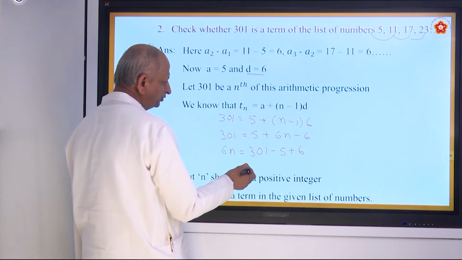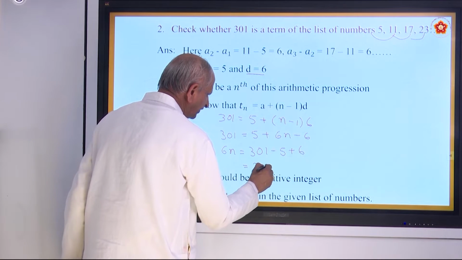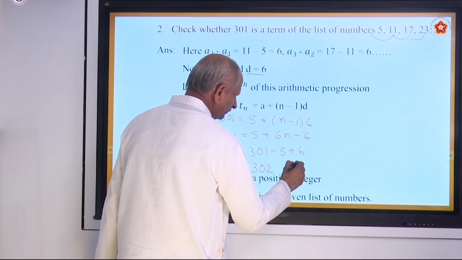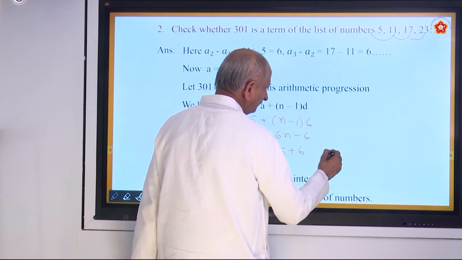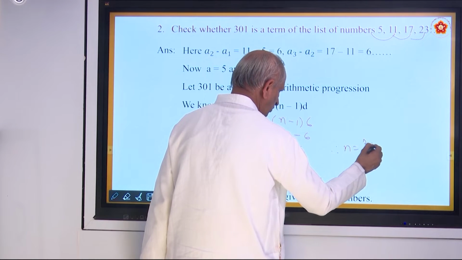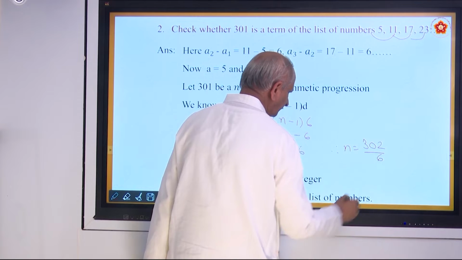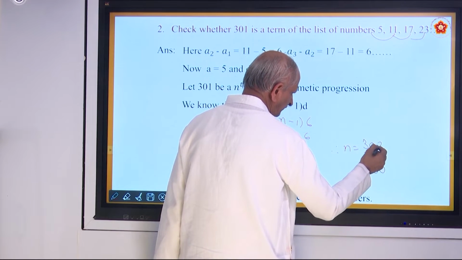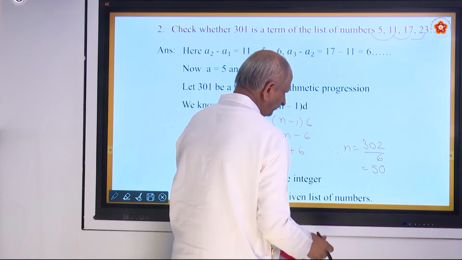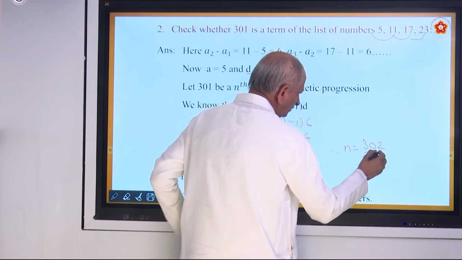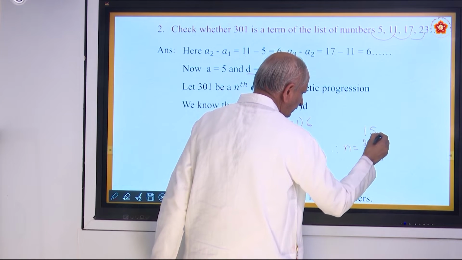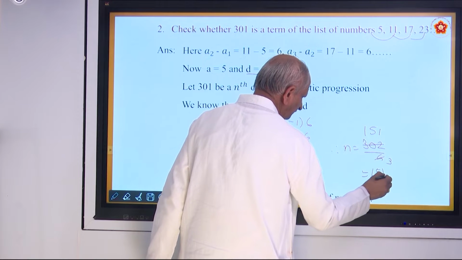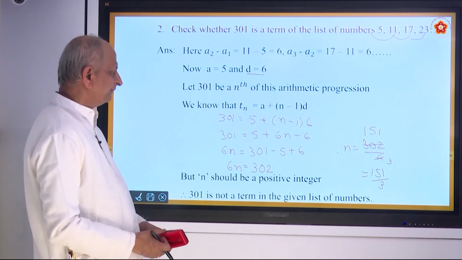So that will be equal to 6n is equal to 302, therefore n is equal to, I'll write here, 302 by 6, and you get a fraction, or if you cancel it, 151 divided by 3. So 151 by 3 you get.